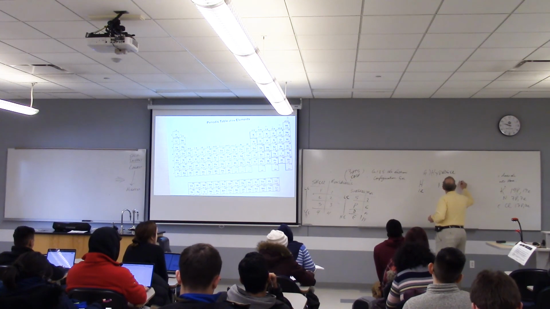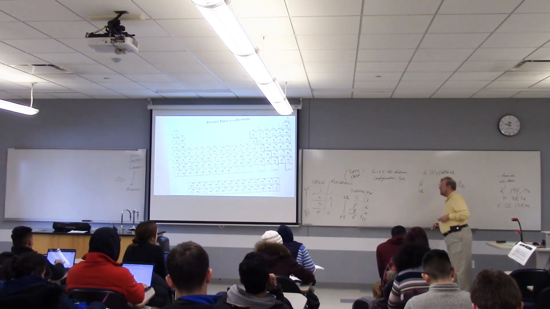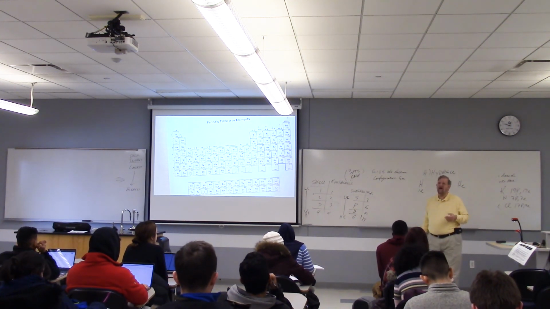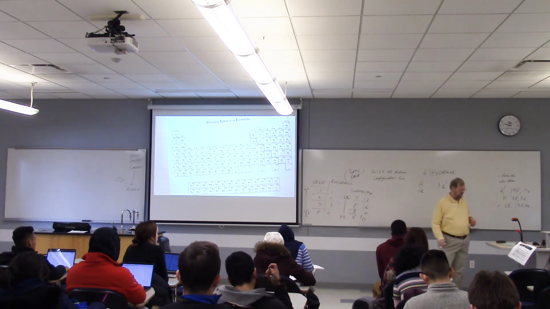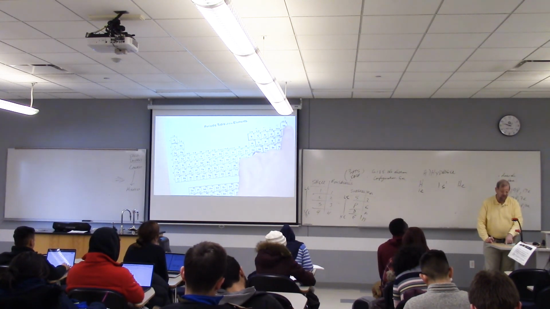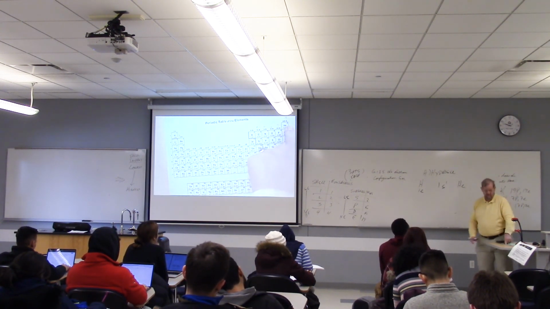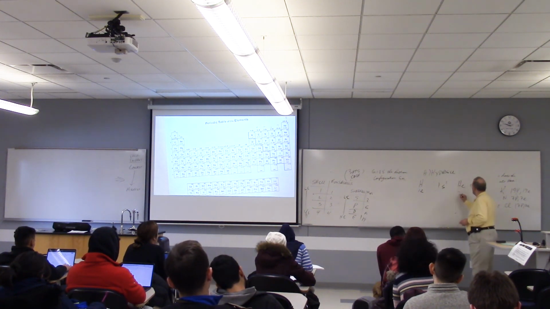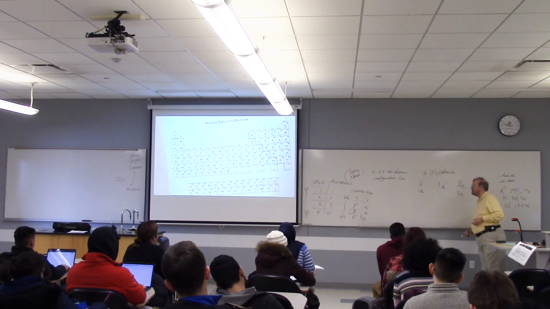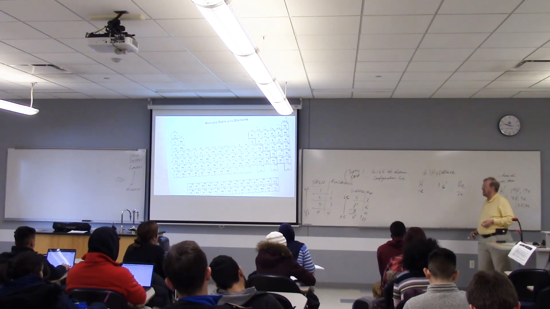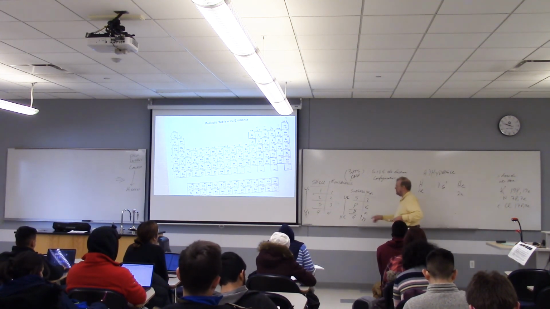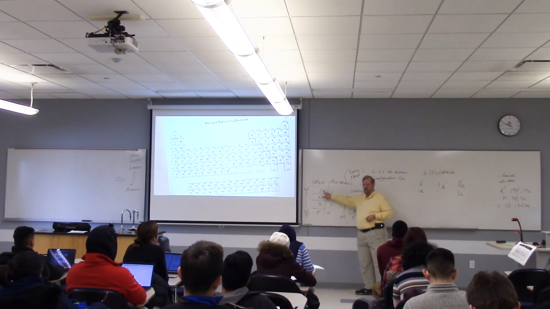Let's do helium. Same thing, electron configuration. How many electrons does helium have? You look over here, 2. So helium has 2 electrons. What's the first shell that you put electrons in? You always start at the lowest energy, 1.